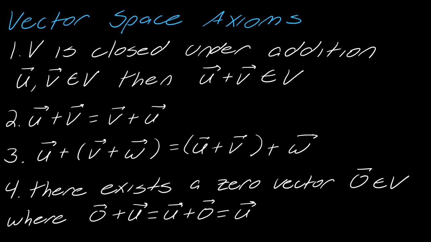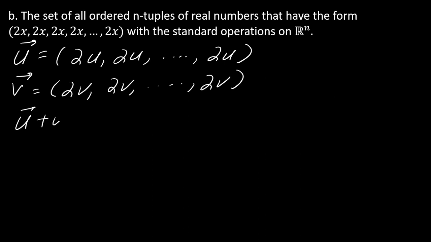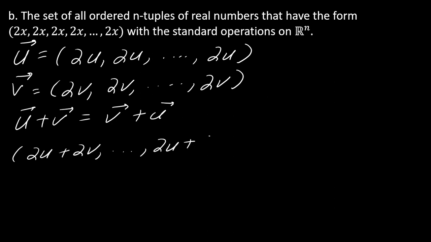So this is going to be a little tedious, but I am going to take the time to do all of this. So remember, here's my u. I'll write out my general v. If I want to show that u plus v equals v plus u, I can write out what this means. So this will be 2u plus 2v all the way across. And does that equal 2v plus 2u all the way across?